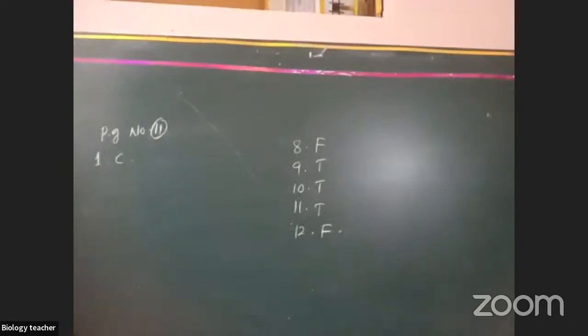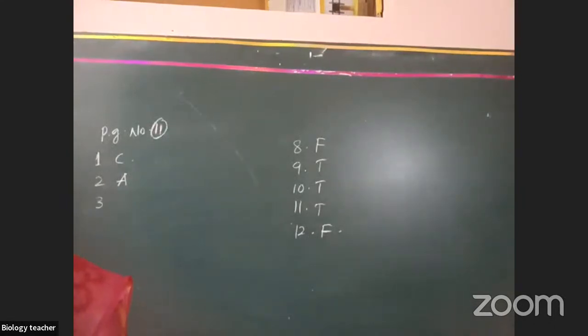The concentration of water molecules in surrounding medium is higher than water molecules concentration in the cell. The concentration of water molecules is same in the cell and in the surrounding medium. Concentration of water molecules does not matter. So where concentration of water molecules in surrounding medium is higher, it will shrink. If it will swell, which option? Option A. When it will swell, inside is high and outside is low.